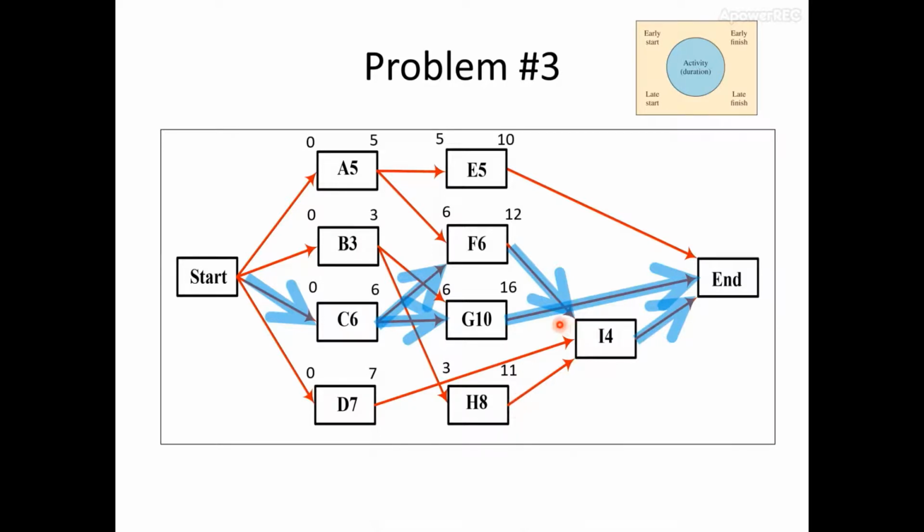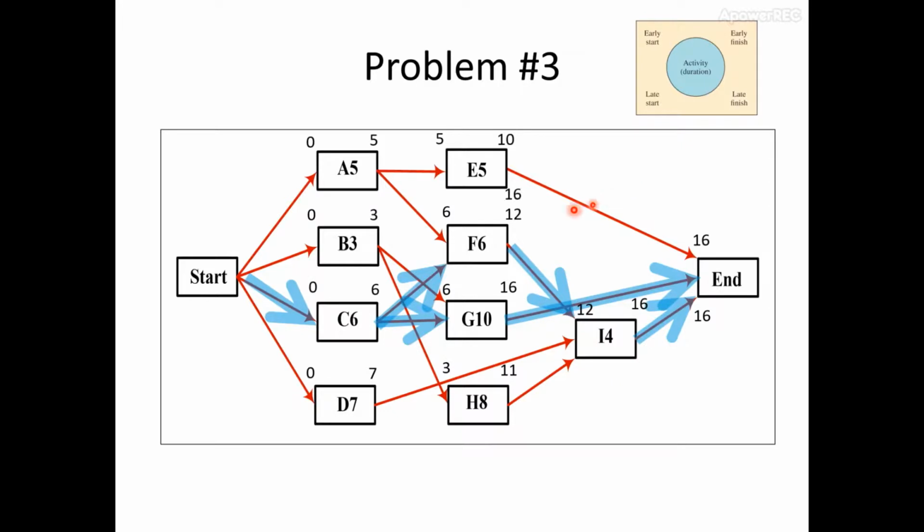For activity I, early start is 12 since it can start right after activity F rather than activity D and H. And early finish is 16 because it will take 4 weeks to complete it. To identify slack, you need to calculate the late finish and late start times on the backward workflow.